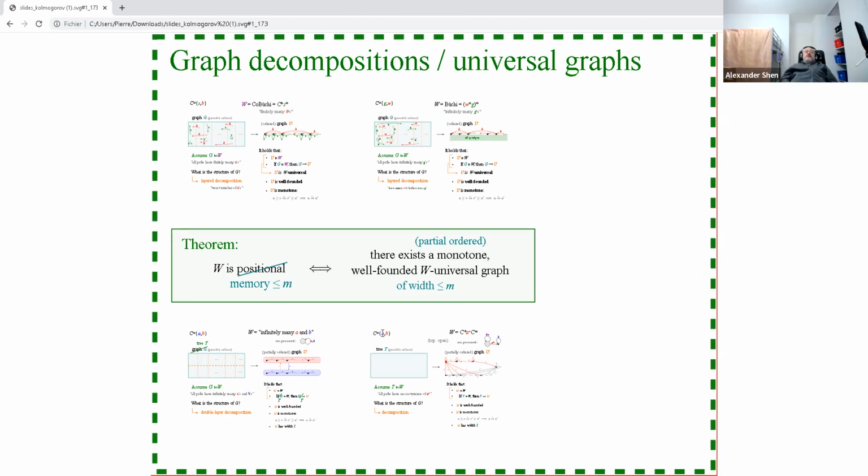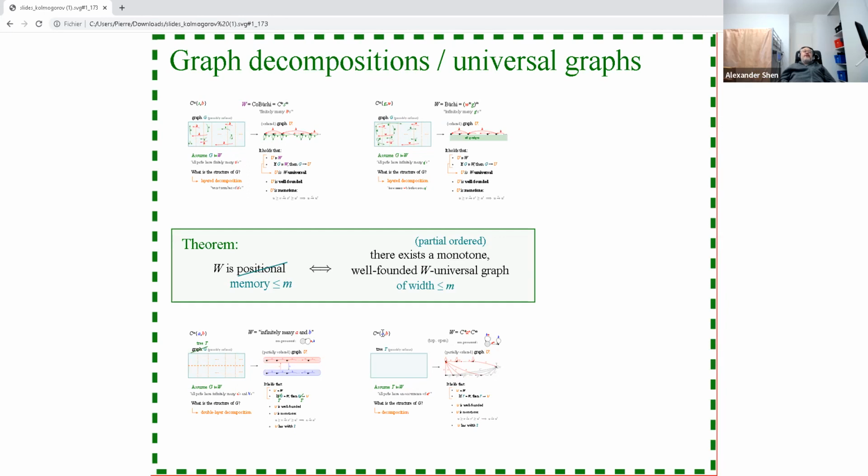You say that for every W there exists something without any requirement. Yes, because you can always take the disjoint union of all the graphs that satisfy the objective. This is universal in the sense that it satisfies the objective. All the paths in there are paths in some graph.